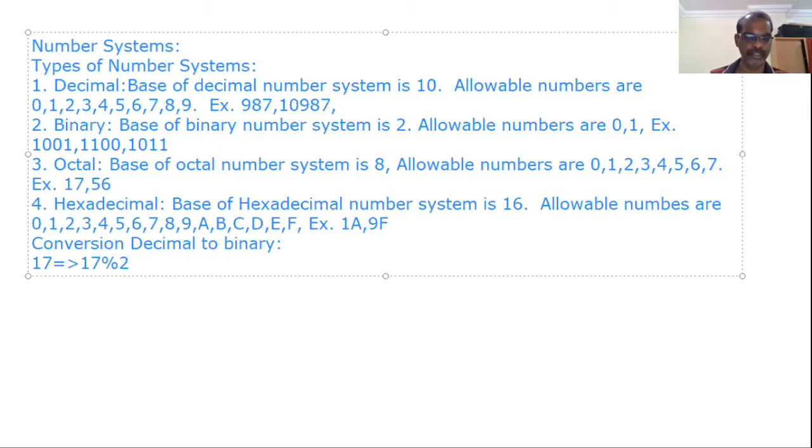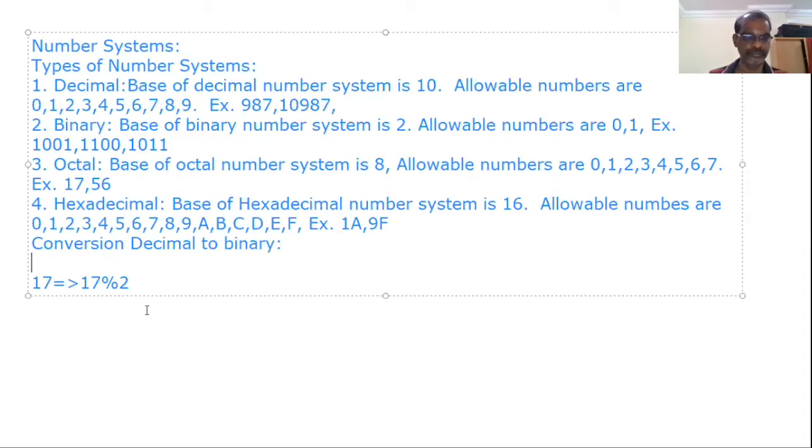Modulus 2 gives the remainder. First the integer division, then the remainder.